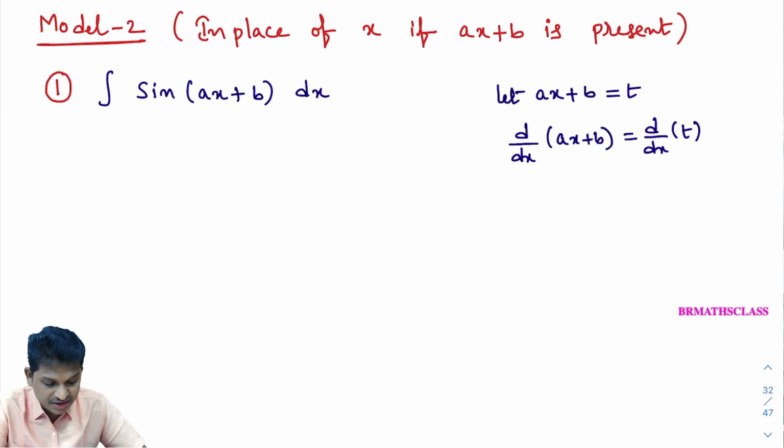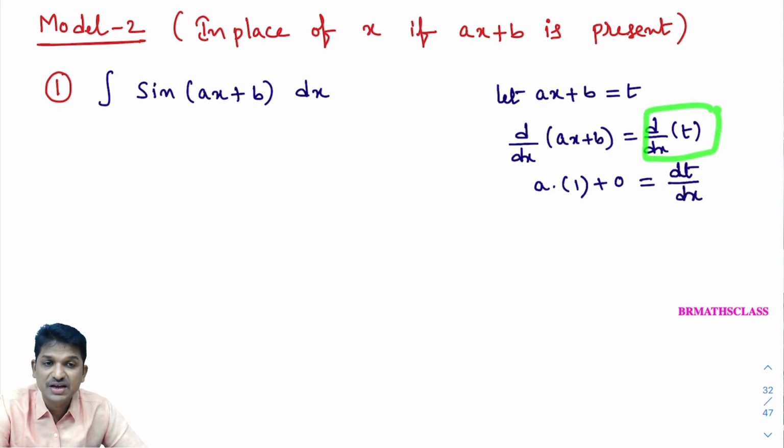As you are good in differentiation, I will write the direct step here. a is a constant, so you take it outside. Derivative of x with respect to x is 1, plus derivative of b. As b is constant, the derivative of b is 0, equal to d by dx of t, which is dt by dx.